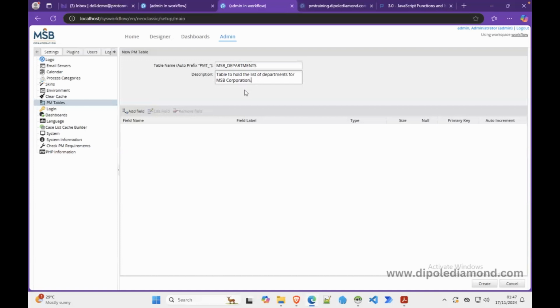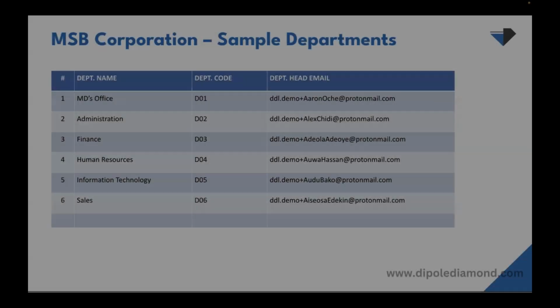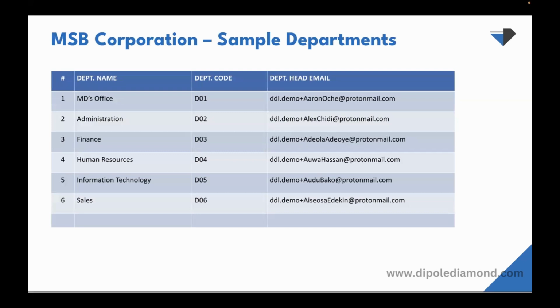Okay, so we have that down. And now to the fields, let's see. We want to have a field for department name. We want a field for department code, and we need a field to hold the email address of the department head or the department supervisor.